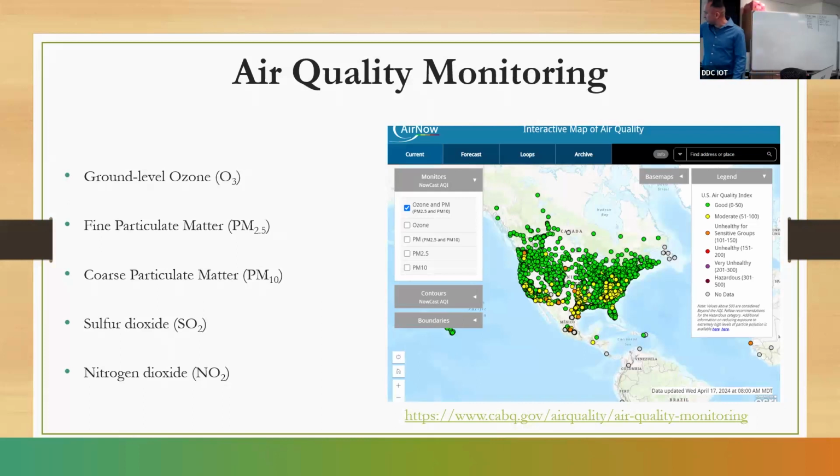And you can see here the whole map with the status of the air quality. These are all of the EPA standards that the city of Albuquerque actually uses, from looking at the website, that they monitor: your ground level ozone, your PM 2.5, particulate matter, of course, sulfur dioxide and nitrogen dioxide.